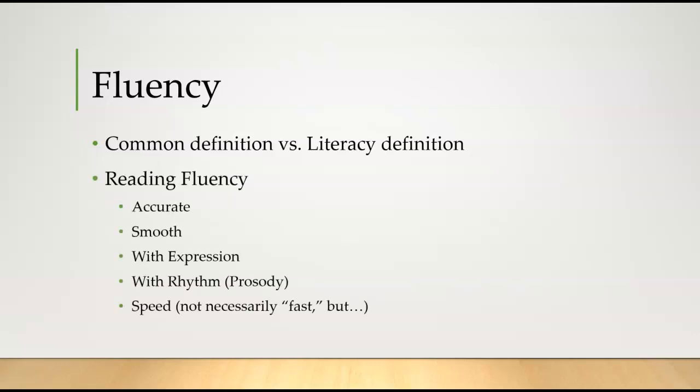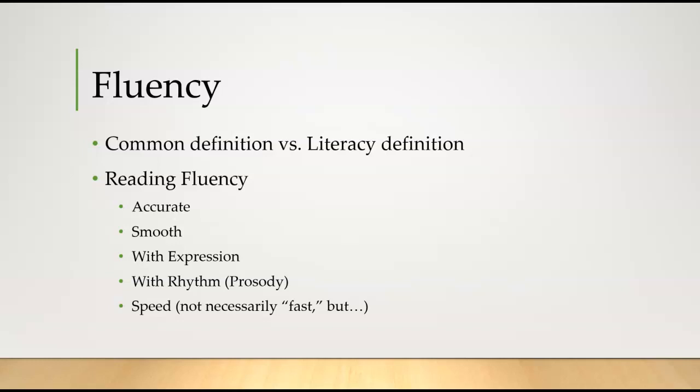So we're going to talk about reading fluency, and here are some of the characteristics of fluent reading. And we are talking about reading aloud because silent reading, of course, people are more and less fluent at silent reading, but that is very difficult to assess for obvious reasons. So right now I'm just talking about if you have a child read aloud to you, is it accurate?